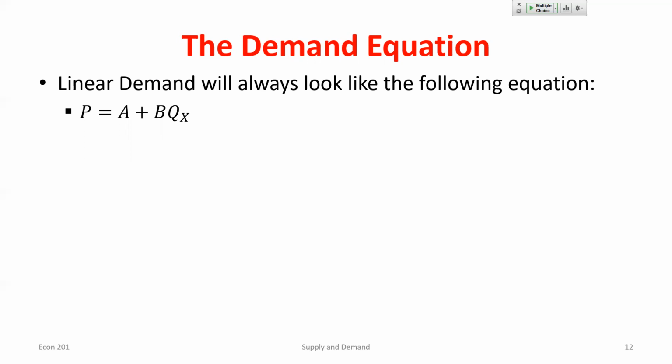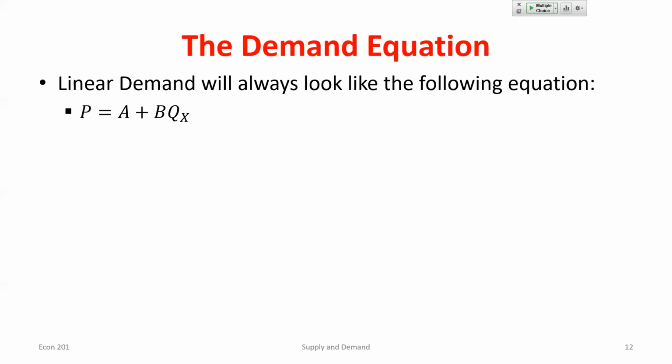When we're working through examples, A will be some number, 5, 3.9, 100, right? And what it represents is the starting point for your price. Or the intercept, you can think of, that's the price at which the quantity demanded would be what value? It's the price at which the quantity demanded would be 0, right?